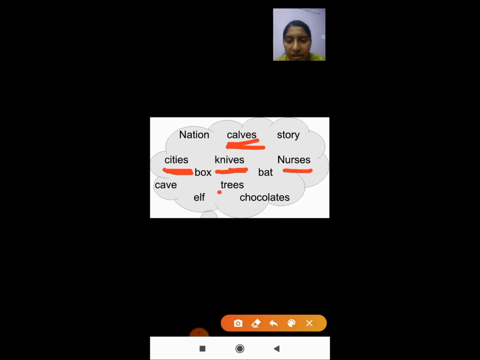And you have trees, ES, last two letters you see, E and S is there. And again chocolates, ES is there. Okay, these are plural. So the words which end with IES, VES, ES are plural nouns.